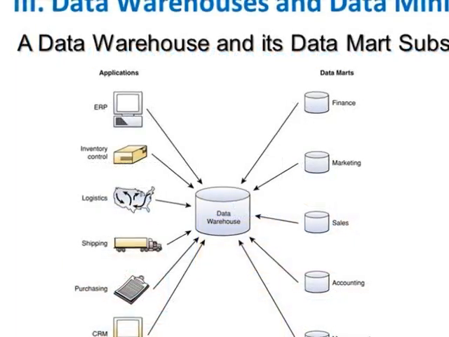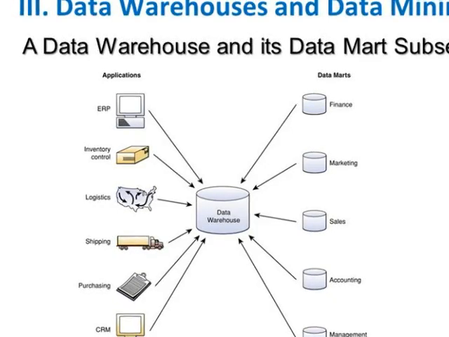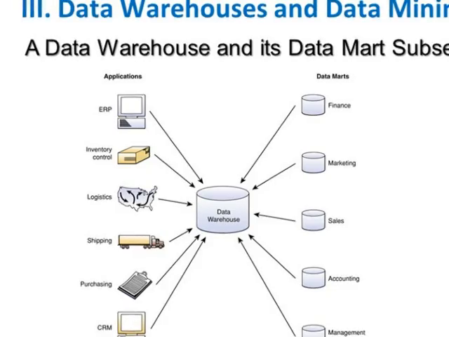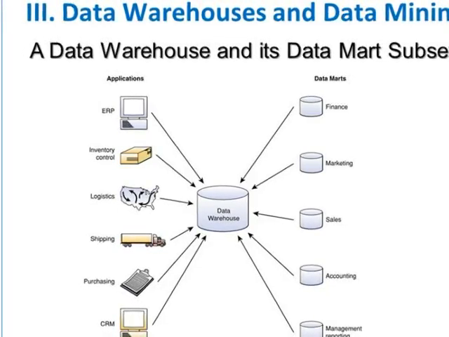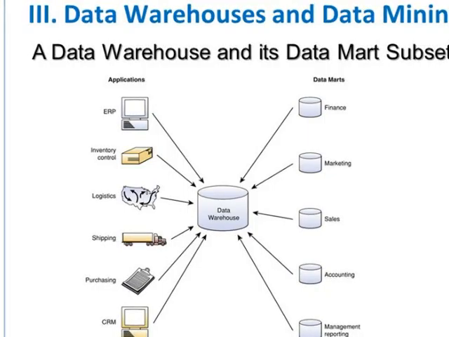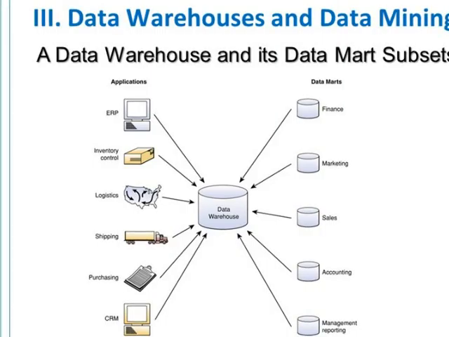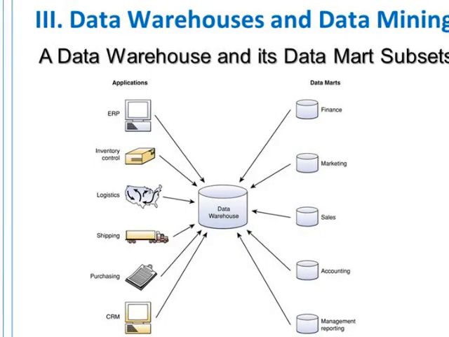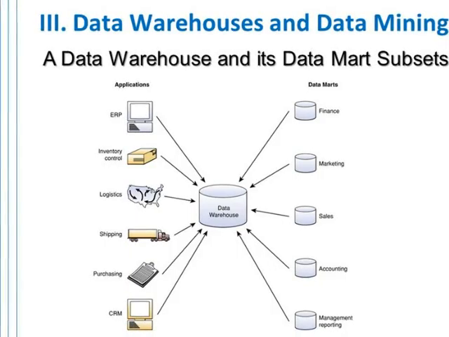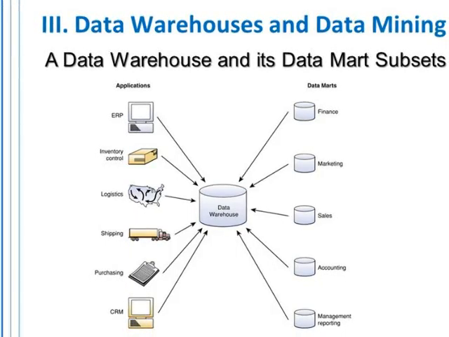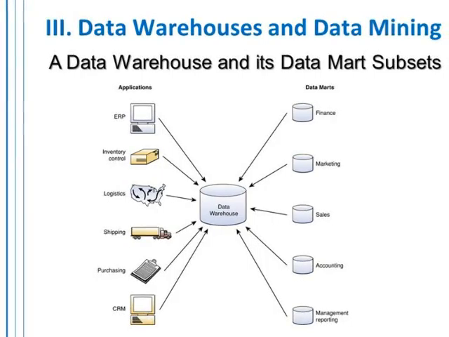This is a diagram that shows the applications on the left-hand side, the data warehouse in the middle, and the different data marts on the right-hand side. This allows us to organize the data in a much more logical fashion. So at the top of the application stack, you see the ERP, which is also called the Enterprise Resource Planning System. Then below that we have the Inventory Control System, the Logistics, then Shipping, Purchasing, and at the bottom is CRM, or Customer Relationship Management.